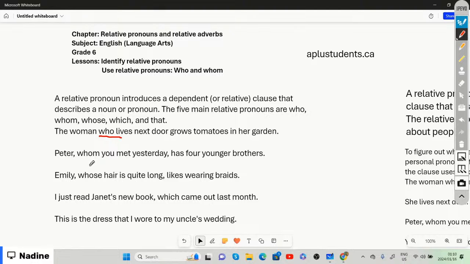The woman who lives next door grows tomatoes in her garden. So who and her. Peter, whom we met yesterday, has four younger brothers.